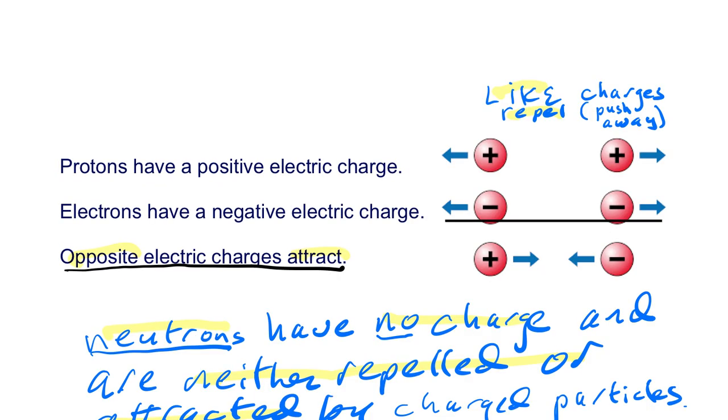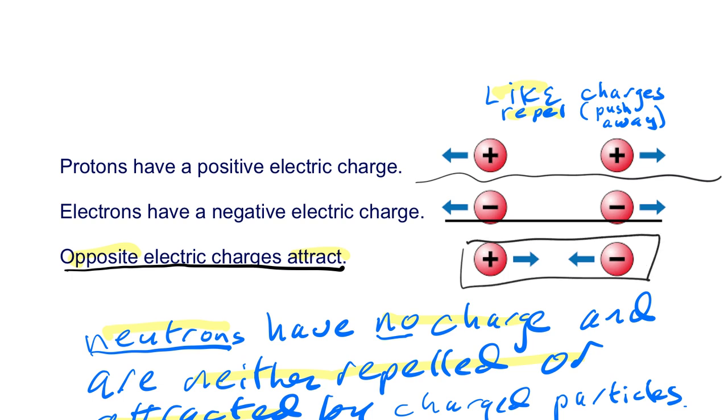Just to remind you, protons that we said were positively charged. If you have a proton next to a proton, it wants to repel. It wants to really repel, push away. So positive, like charges repel. A negative next to a negative wants to push away from it. It's only when you have unlike charges do they attract.